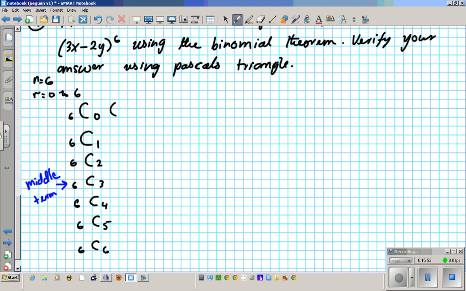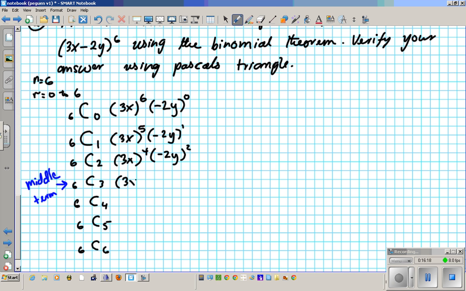Alright, so I'm going to have times 3x. We're going to start doing the power switch game. 3x to the 6, and then negative 2y to the what? 0. So this one will start going down, down, down, and this will start going up, up, up. So we're going to have 3x to the 5th, negative 2y to the 1. 3x goes down to 4, negative 2y goes up to 2.